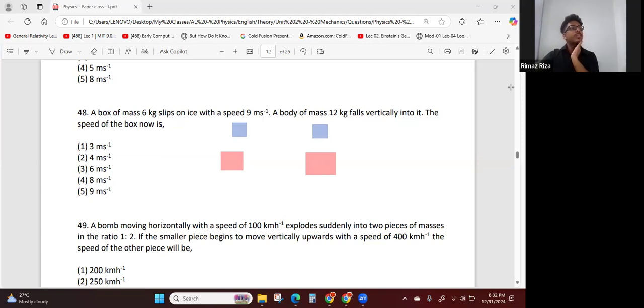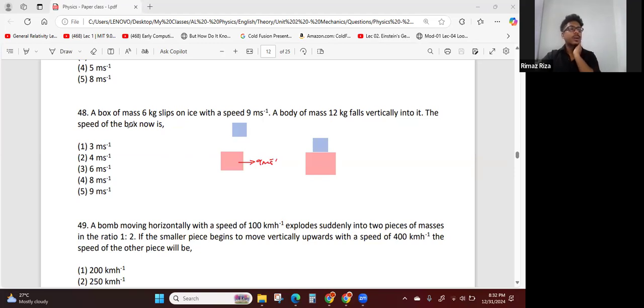Just so, we'll see. All right. So here, this one has a speed of 9 meters per second. In your exam, no need to draw these things.